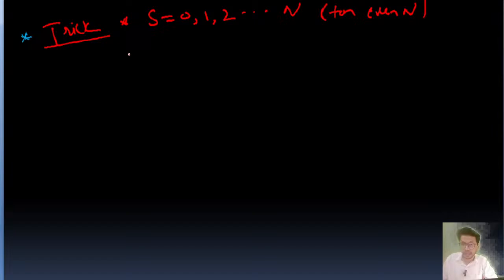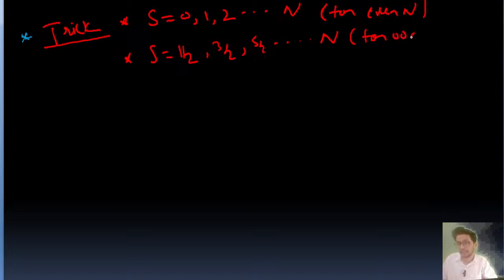And S equal to half, 3 by 2, 5 by 2, up to n, this is for odd n. It is for even n and this is for odd n.